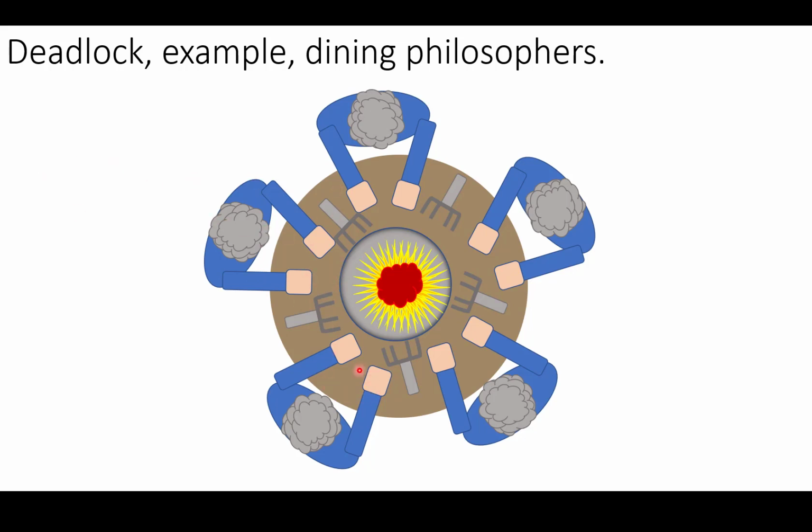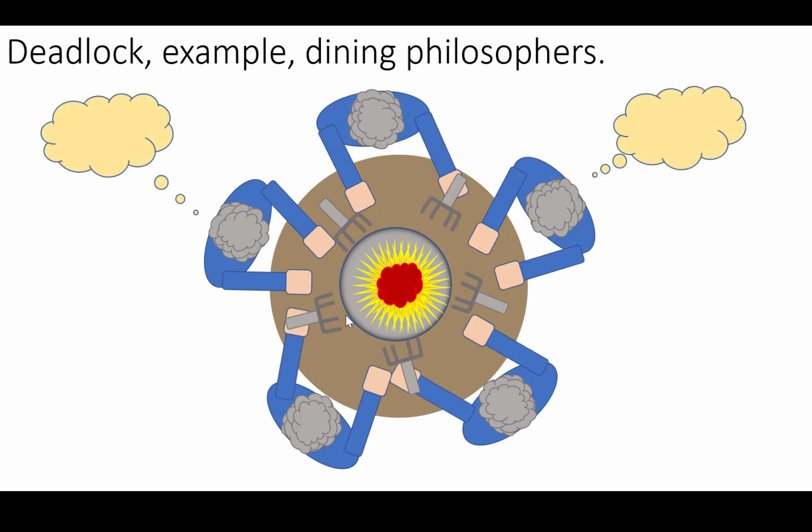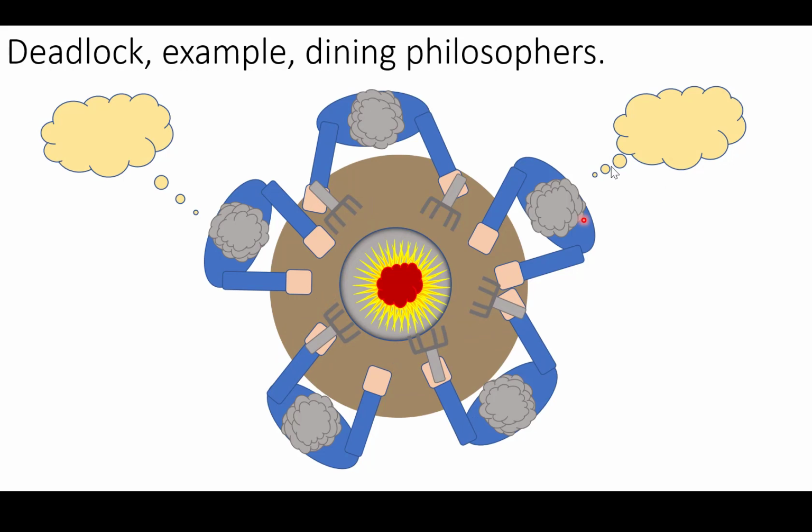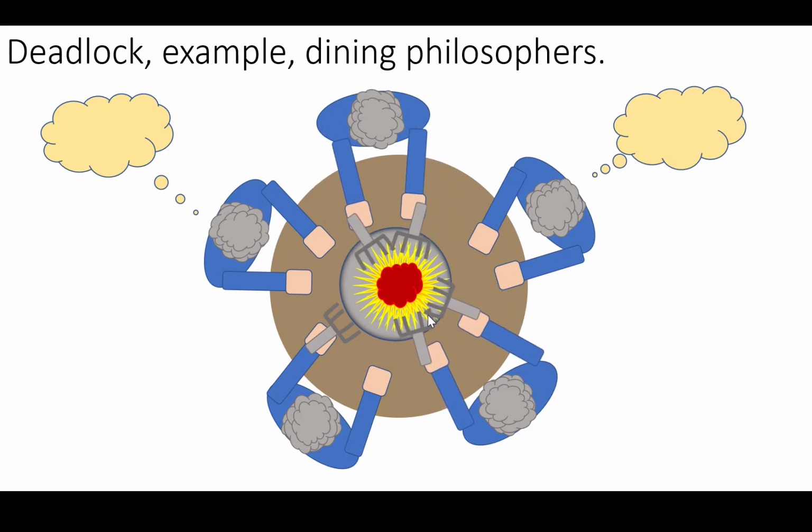Obviously, because they need 2 forks to eat, they cannot all eat at the same time. Some of them have to think a little bit and wait for the others to put down the forks. So let's assume that these guys are picking up forks, and these guys are thinking, and they're now eating here.